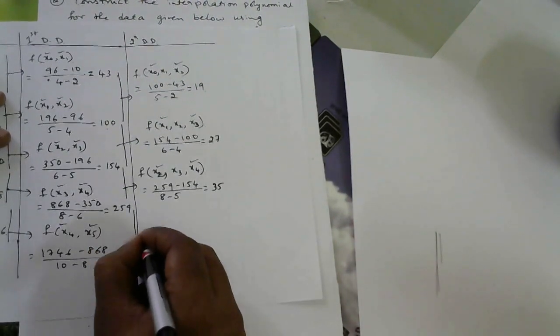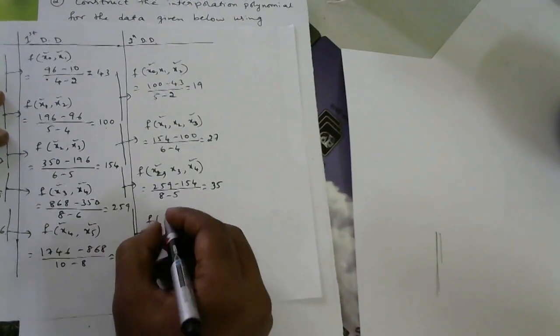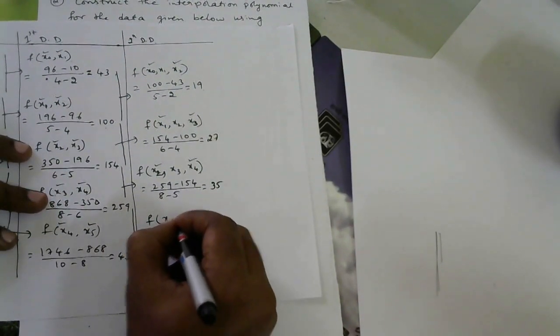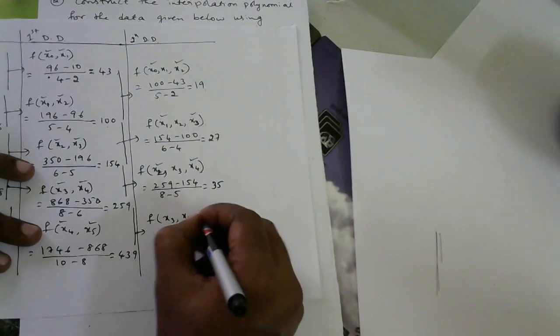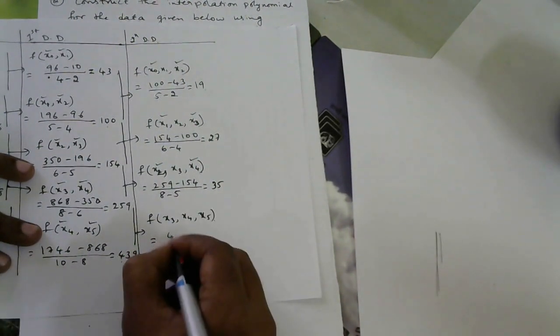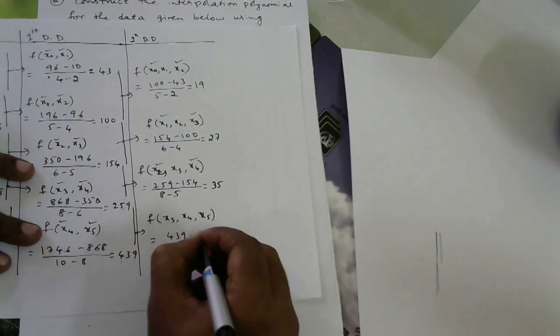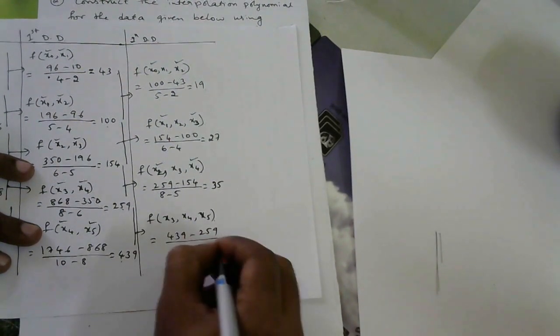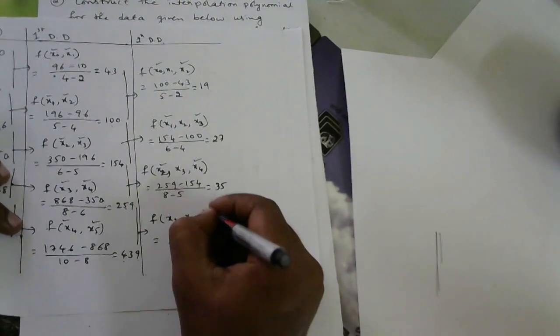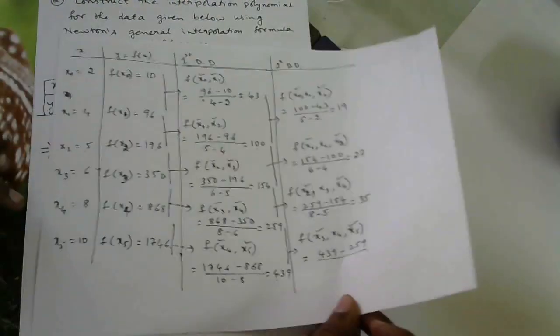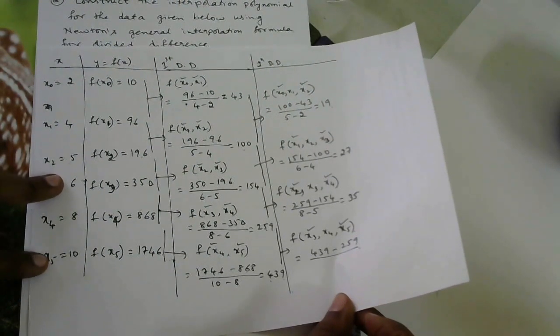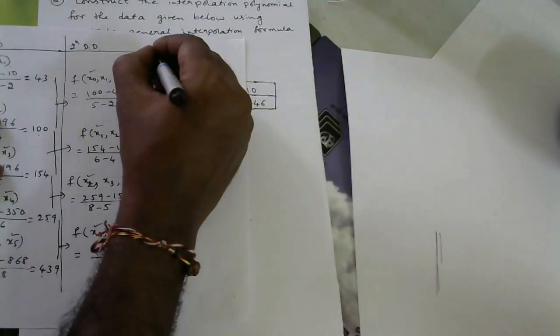And for f of x3 comma x4 comma x5, 439 minus 259 whole divided by last term minus first term, x5 minus x3, 10 minus 6. So you'll get 45.